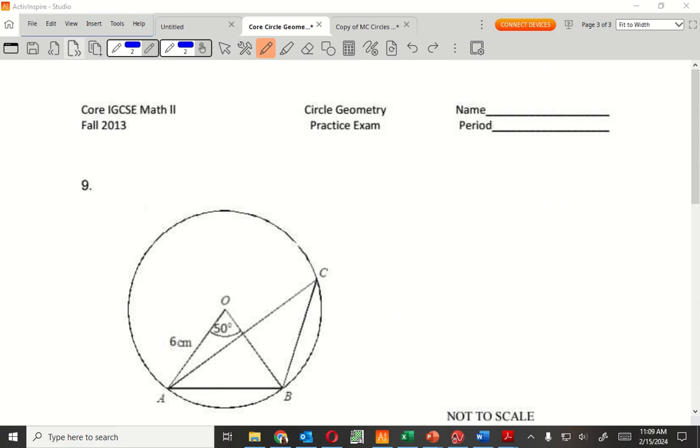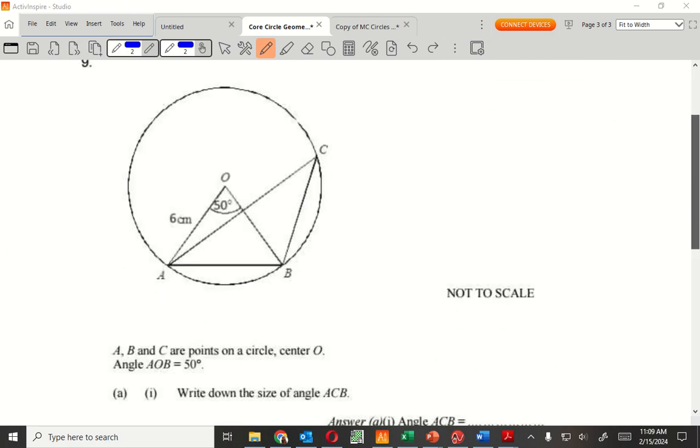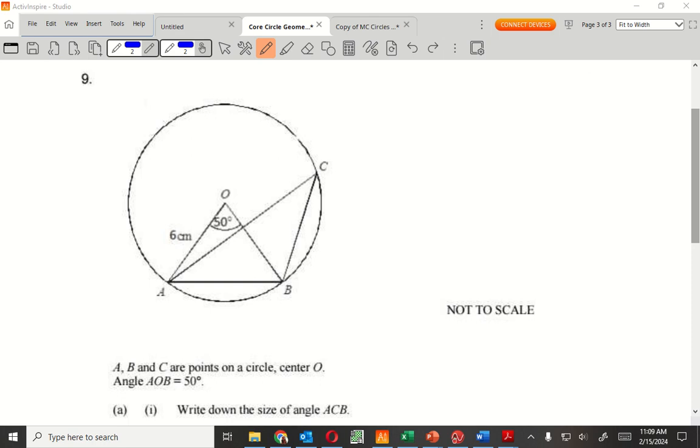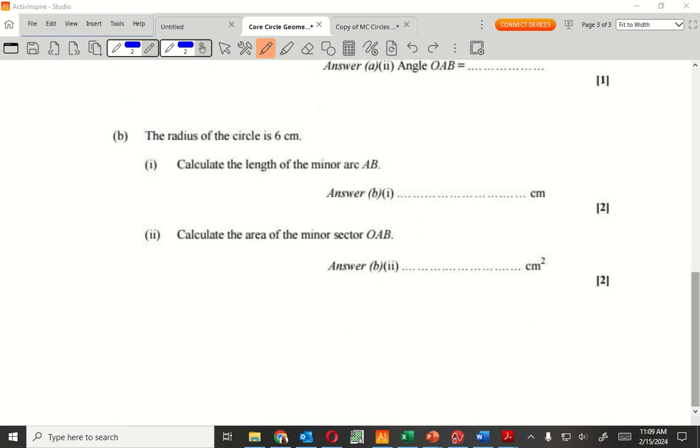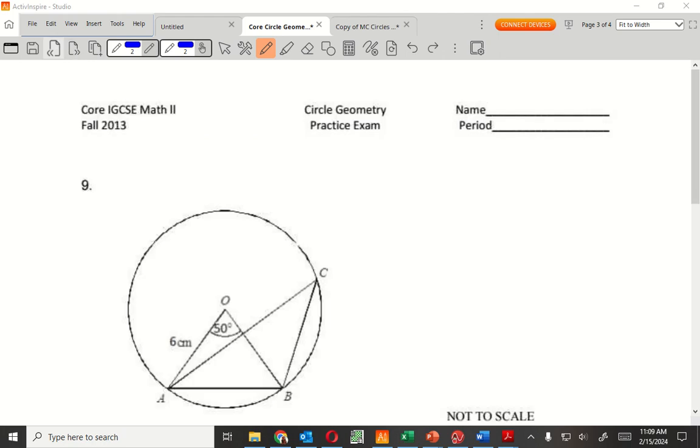Okay, question 9 here. That's different. Oh, you don't have this one? You have a different one? No, we have that one, but it's just on a different page. Oh, you have a big thing.